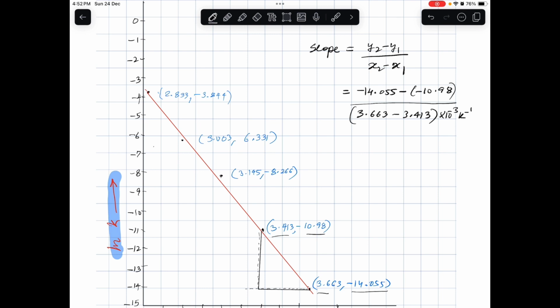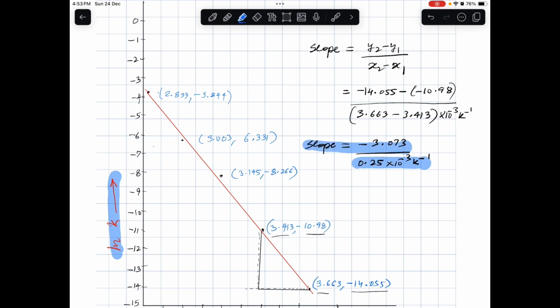So we are getting the value of slope here, after simplification, as minus 3.073 divided by 0.25 into 10 raised to the power minus 3 per Kelvin. We are not simplifying, we will use this value of slope later on in our calculation. So this is the value of slope.